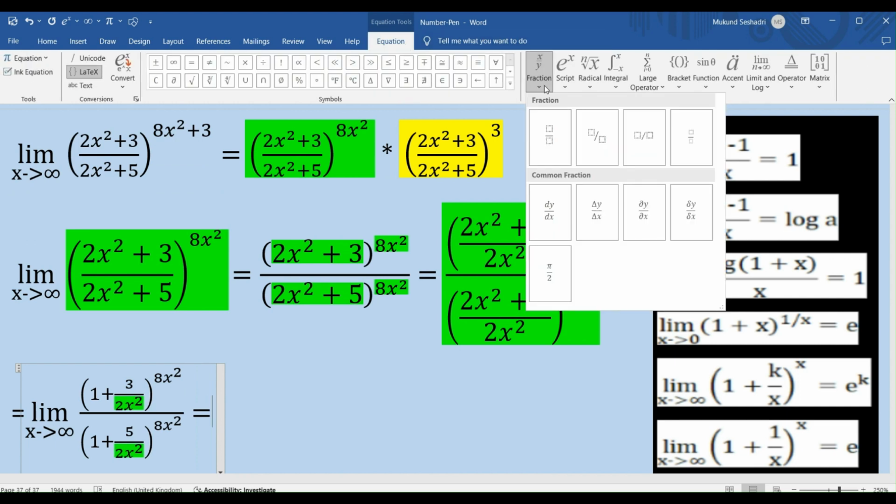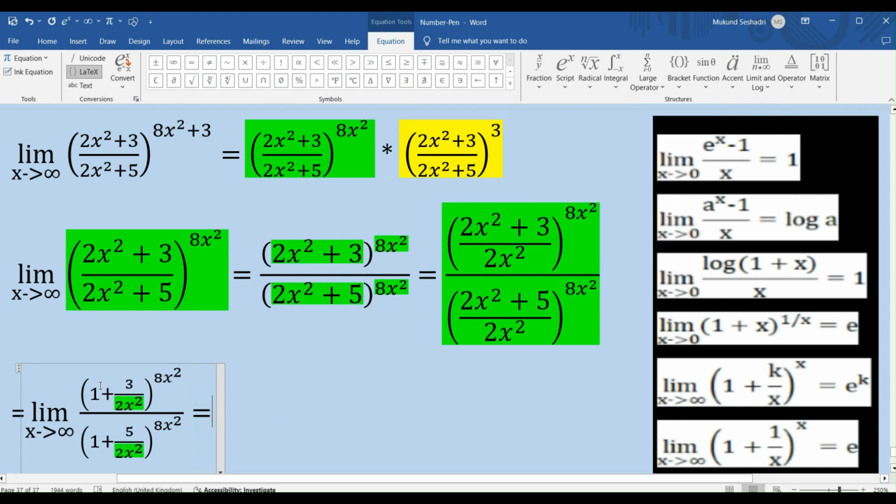We have 1 plus 3 by 2x². I can rewrite this, let me copy the numerator as it is. Watch this closely: if I multiply by 3 and divide by 3 here, it still does not change my expression, right?